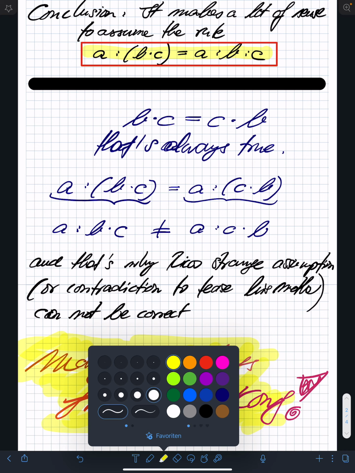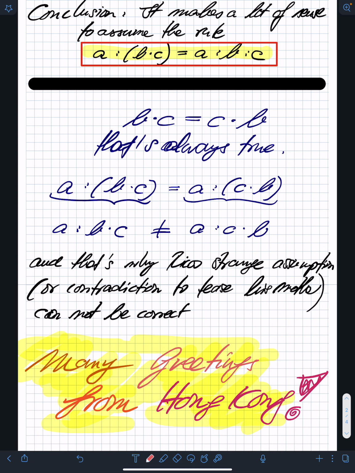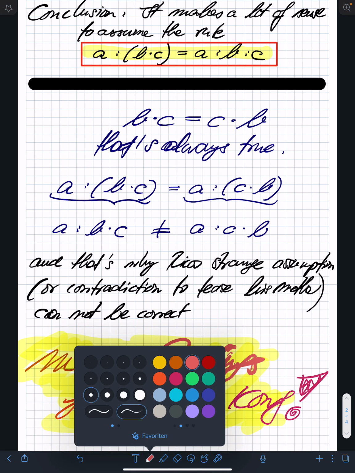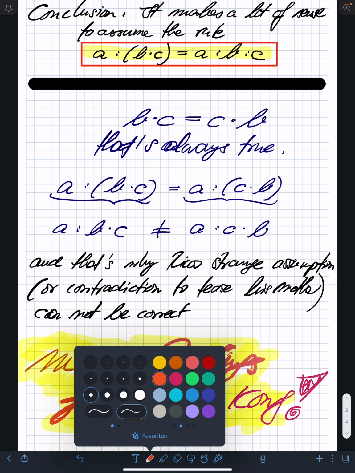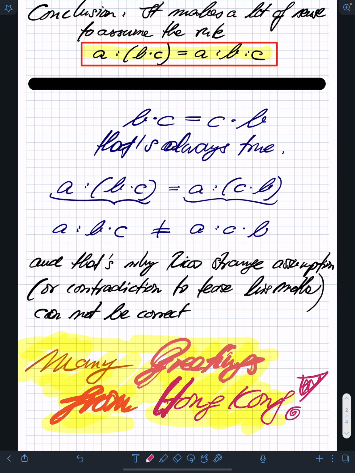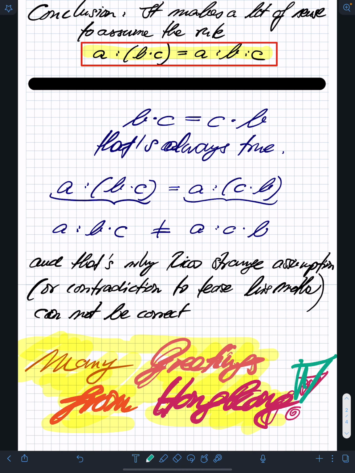I like these colors really. Yeah, one more time, that fat colors. That must be enough. Greetings, and another one. Oh, nice. From Hong Kong. And, oh, this is nice too.